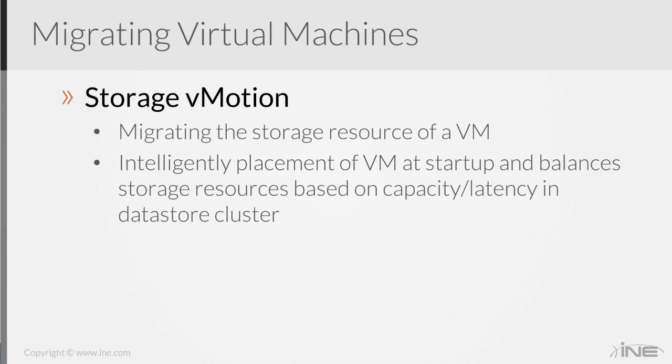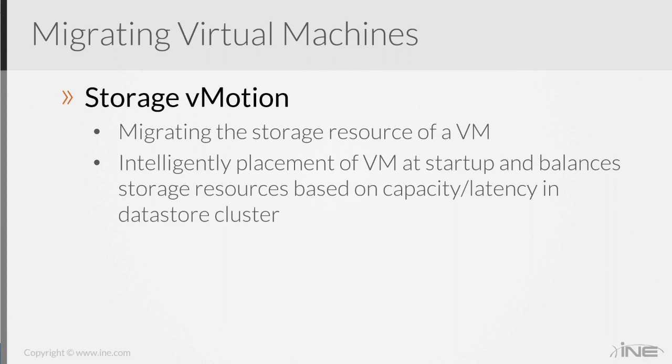Storage vMotion uses an I/O mirroring system to copy the disk blocks between the source and destination data stores. If these blocks are changed during migration after they were initially copied, then they are synchronized from the source to the destination.